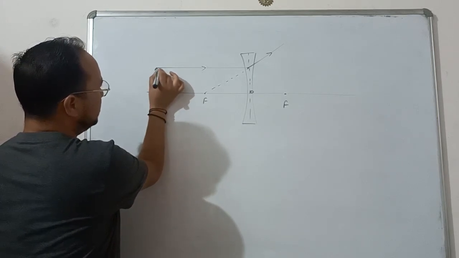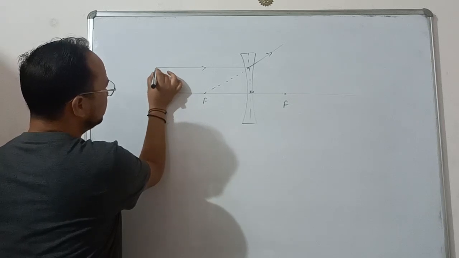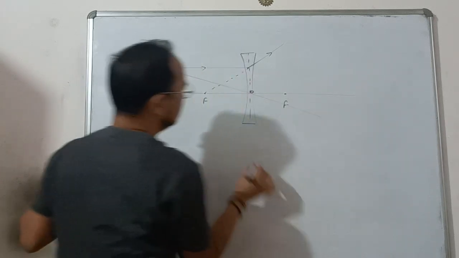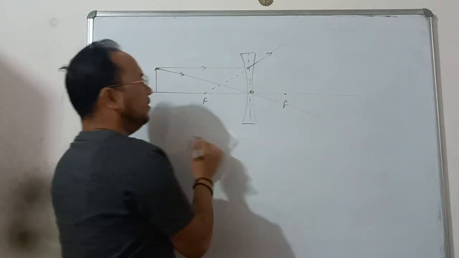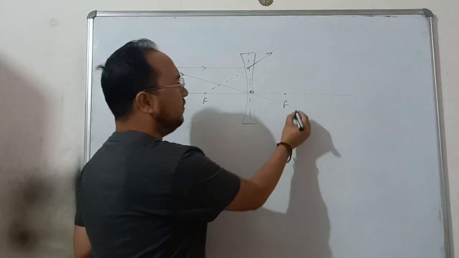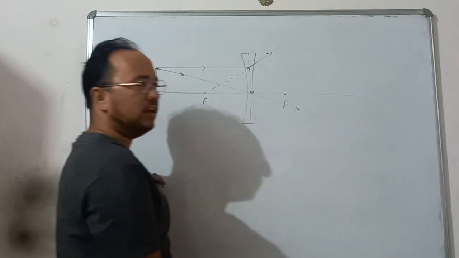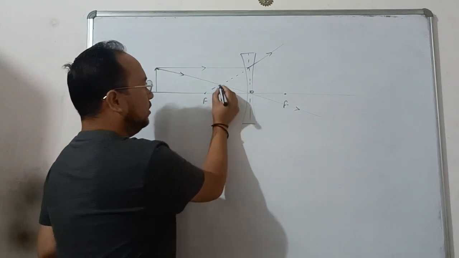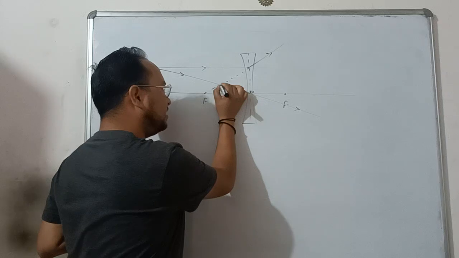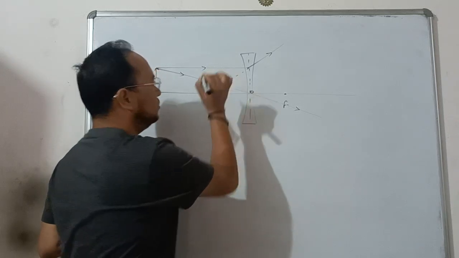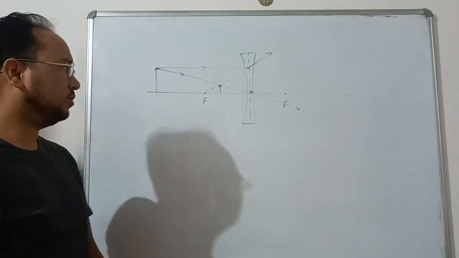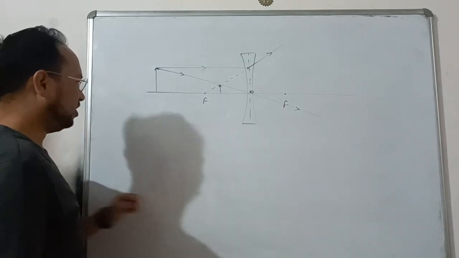Now second case, when the ray is directed towards the optical center. So this is the incident ray passing through the optical center, whose refracted path goes undeviated. So where these two rays are intersecting, exactly at this point, this is the image formation. So what is the nature of the image?